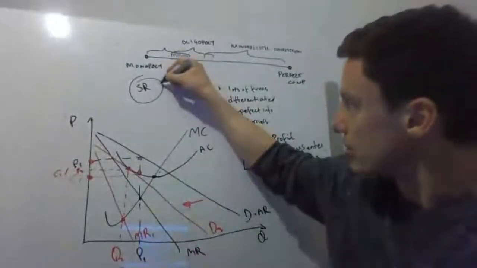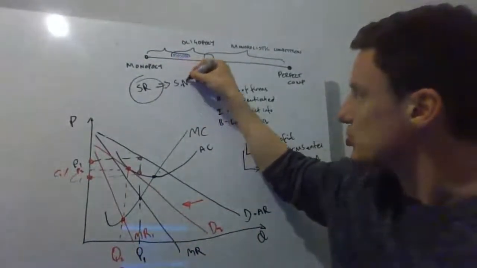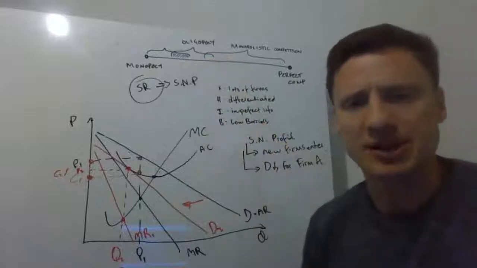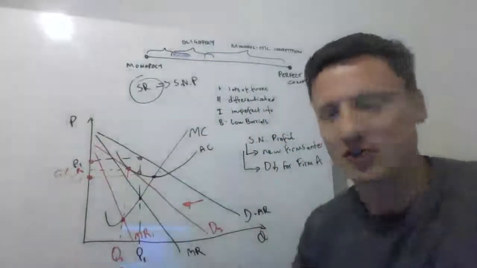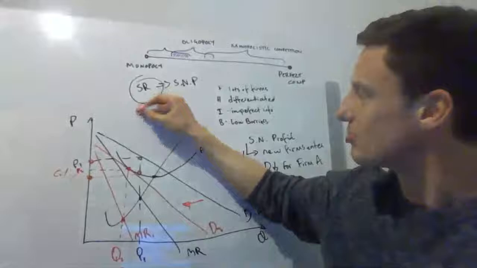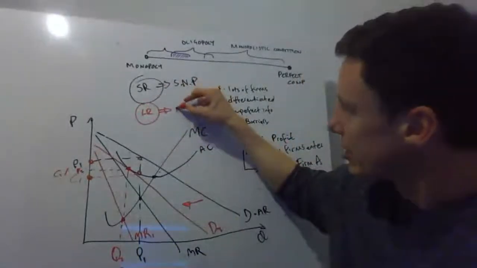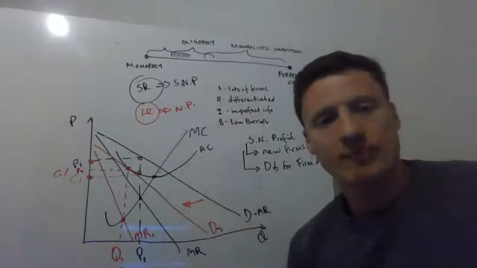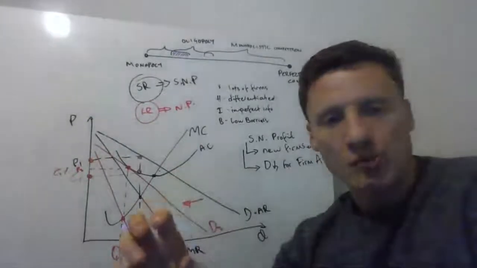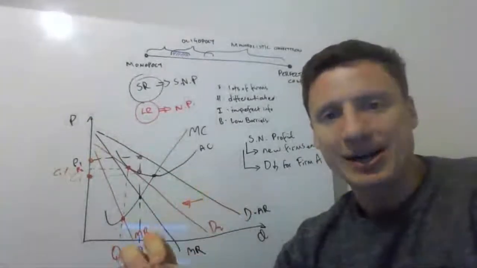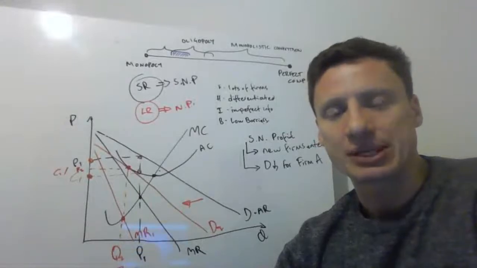In the short run, we can make supernormal profit, SNP, right? That's just an abbreviation that I've come up with just now. It's not a normal expression. But in the long run, we can only make normal profit, okay? The supernormal profit is being squeezed out by new firms entering the market.